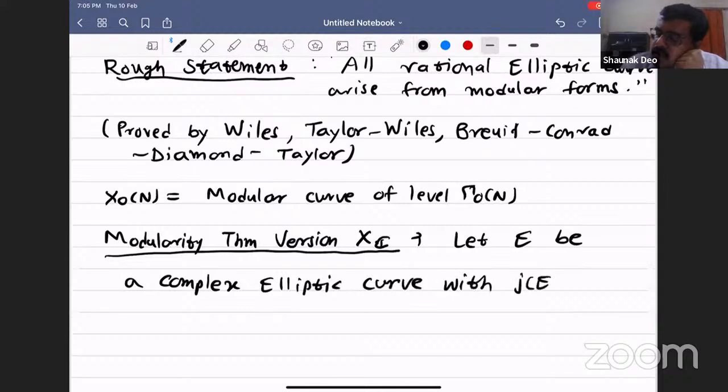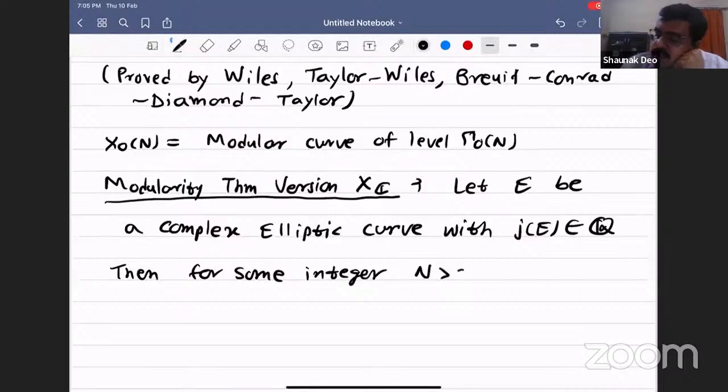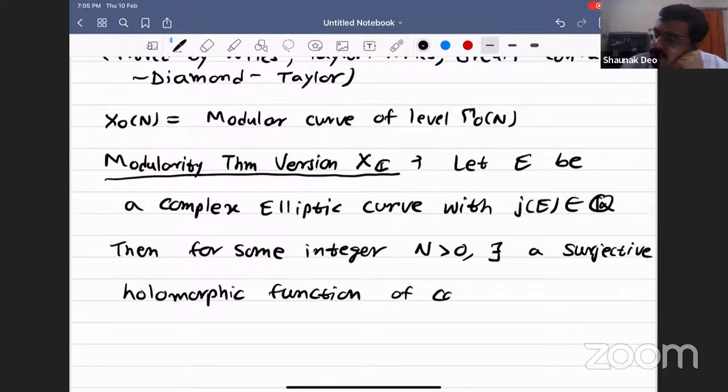So the j-invariant is rational. Then for some integer n greater than 0, there exists a surjective holomorphic function of compact Riemann surfaces.